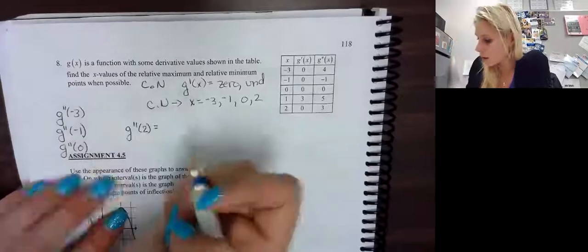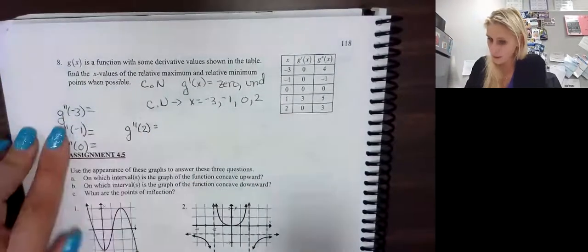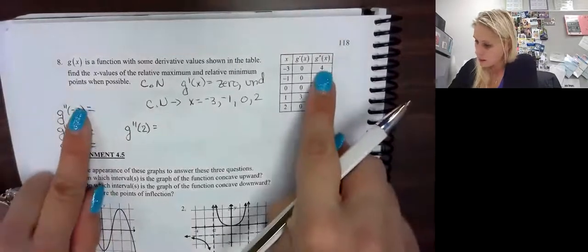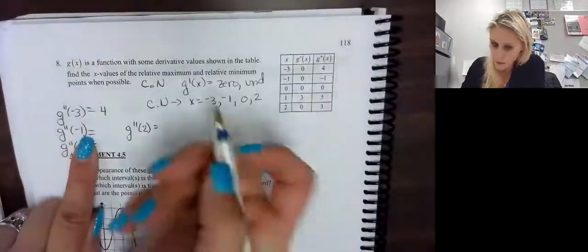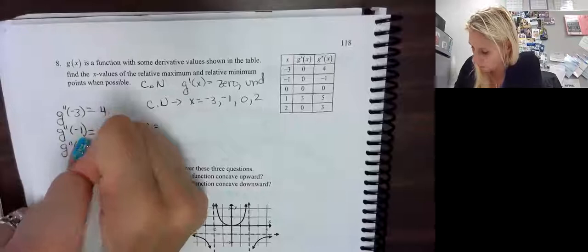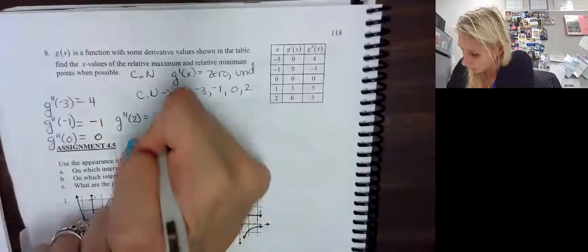So let's use our table now to fill this in. At -3, we have the value of 4. At -1, we have the value of -1. At 0, we have 0. And at 2, we have 3.